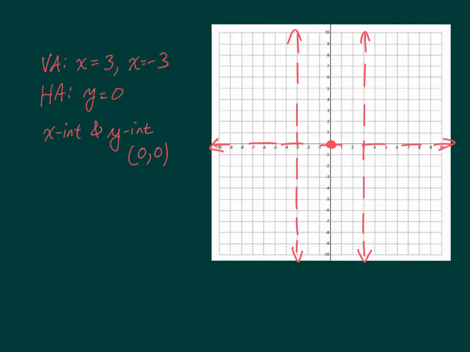From the previous slide, all of the pertinent information is here: the vertical and horizontal asymptotes and the x and y intercepts. And on the graph, the vertical asymptotes, the horizontal asymptote, and the x and y intercept are already graphed.